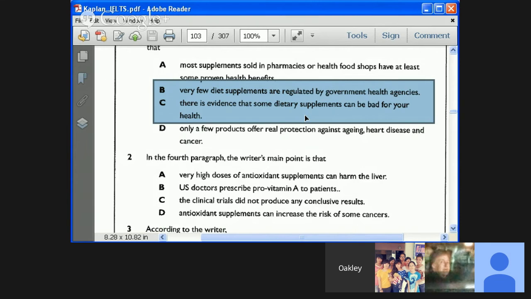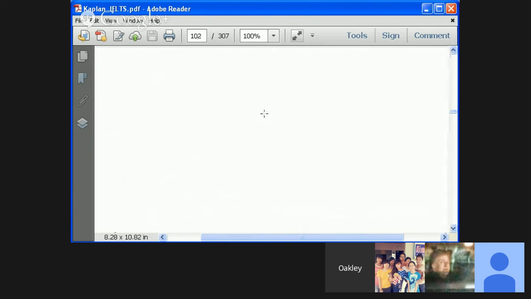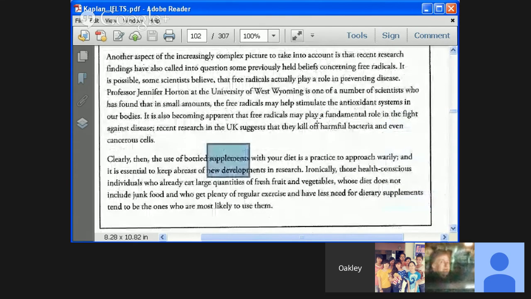So what would be the next easiest thing to find? I think diet supplements. No. That is the worst possible word you could choose, Jang, because this entire article is about supplements. If I want to find supplements, well, here's supplements. Here's supplements.